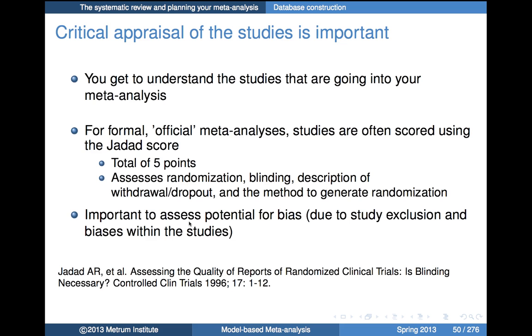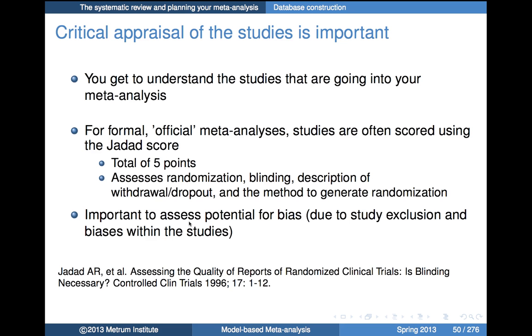These are scores on a scale of 5 points, with 0 being a very poor quality and 5 being the best quality, in terms of whether or not they describe the randomization of the study, whether or not they describe the blinding of the study, something about withdrawal or dropout, and the method for generating the randomization.